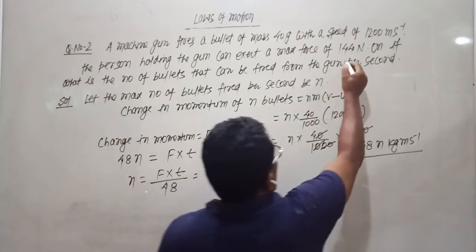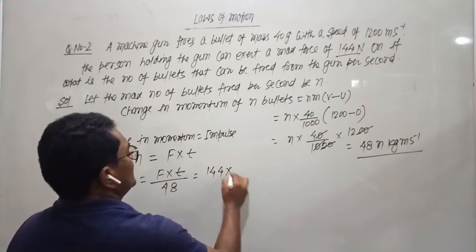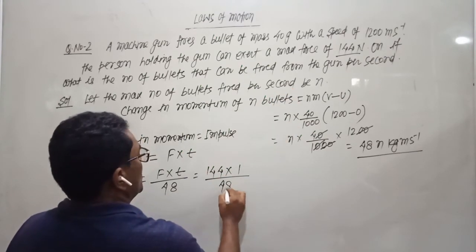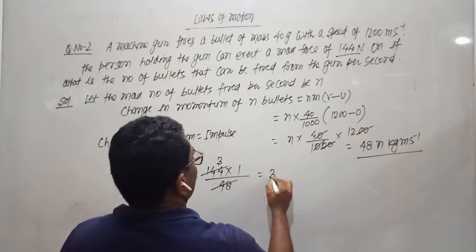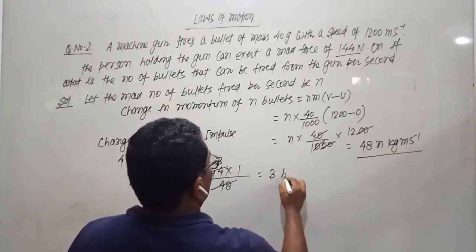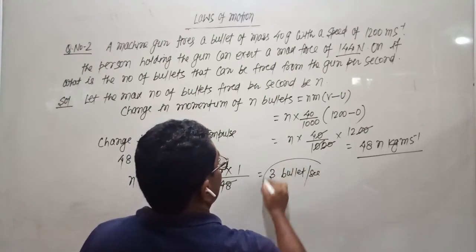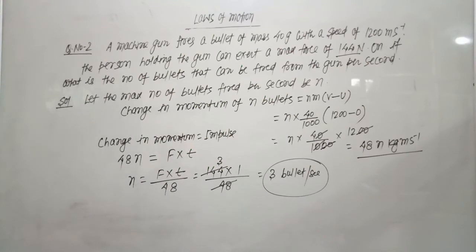Time is 1 second because it is given per second, upon 48. So we get the value of n is 3. So the result is 3 bullets per second can be fired. In 1 second, the number of bullets fired from the gun is 3.